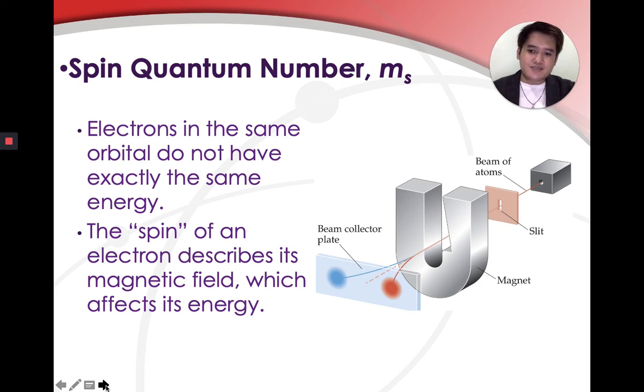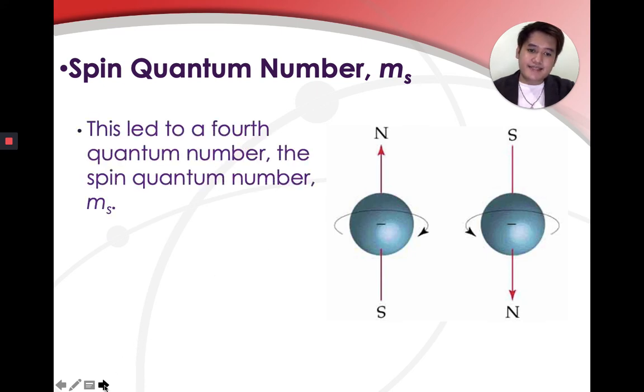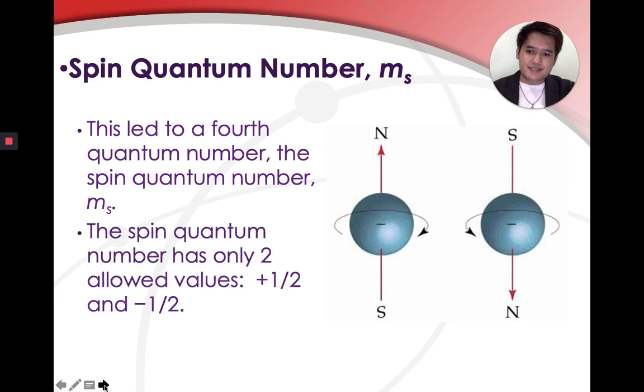So the spin of an electron describes its magnetic field, which affects its energy. If your electron turns clockwise, we draw an arrow up, and if it's counterclockwise, an arrow down.